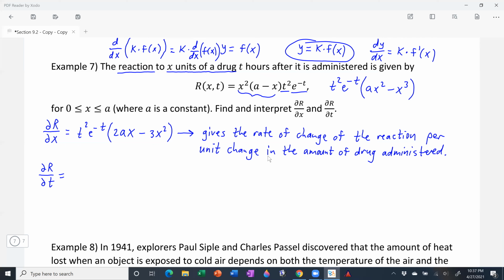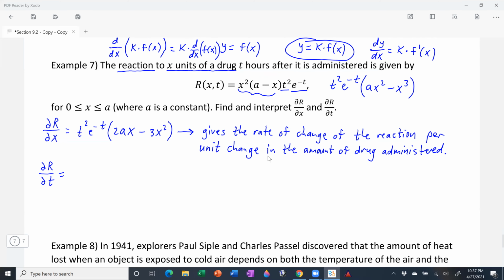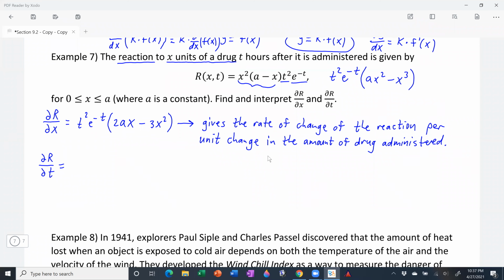So the x squared times a minus x, that is all just a constant. And so we can leave the constant multiple out in front, and it's going to multiply by the derivative of the actual function in question, which is a function in t this time. And yeah, that one, unavoidable product rule here.